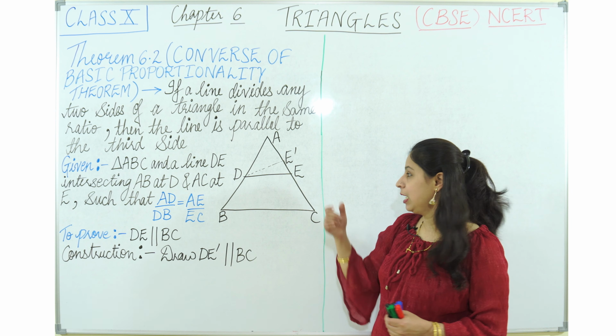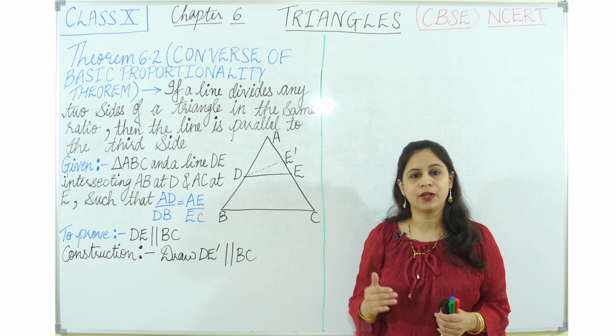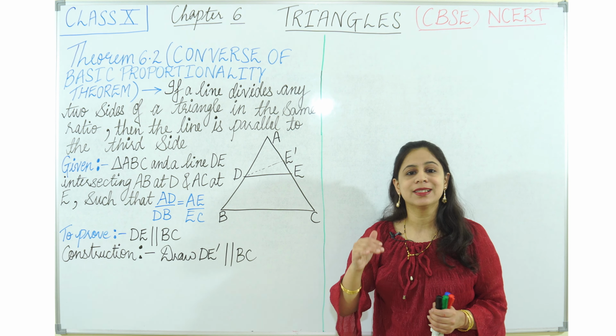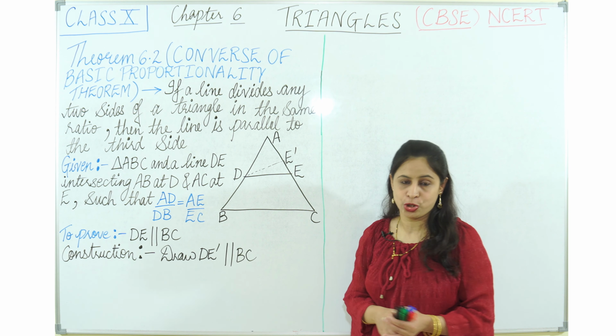When my DE dash is parallel to BC, with theorem 6.1 we can easily state that if I have drawn a line parallel to one side of a triangle such that it intersects the other two sides, then surely it divides them in the same ratio.